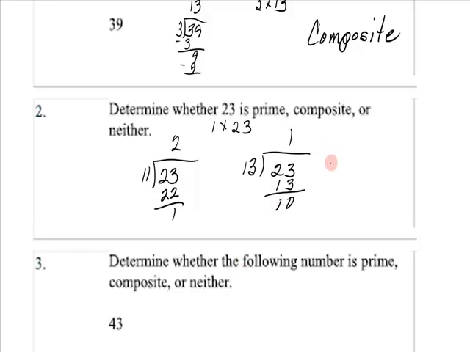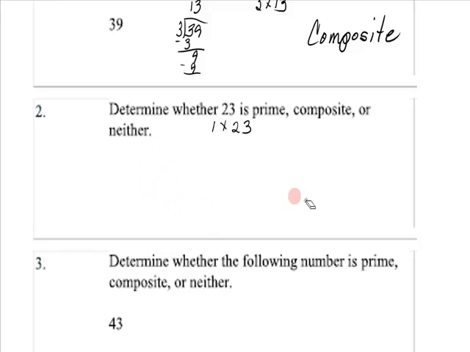Okay, so 14 is not going to work. 15, look and see what happens. It's going to go in there 1 time, and I'm going to have a remainder. For all the rest of them, I'm going to have a remainder. So I can physically test every single one of those numbers, but it turns out that 23 is a prime number.